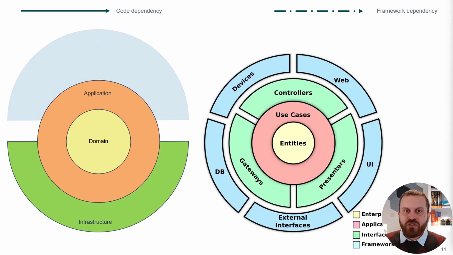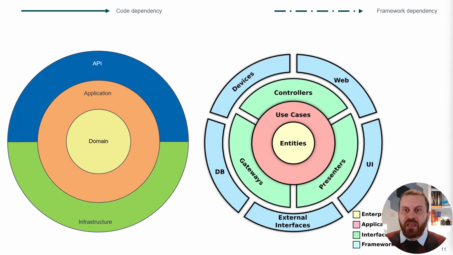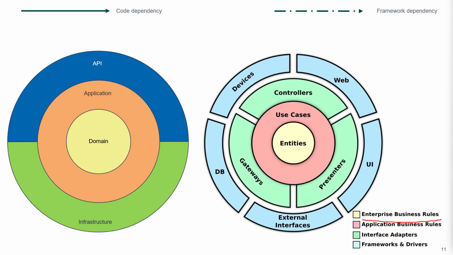Then the infrastructure layer and API layer are this blue and green layer that I have here. As you can see, enterprise business rules are going to be defined here. As I told you, we have rich domain model, and it is better to use rich domain model in the clean architecture. And the application business rules should be implemented here in the use cases or in the application.